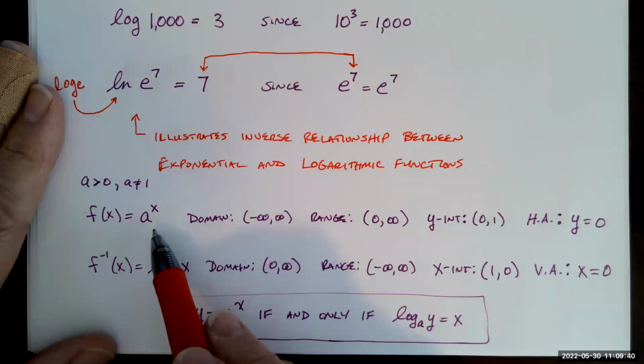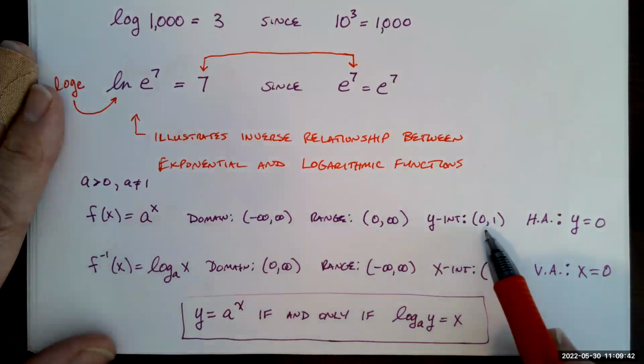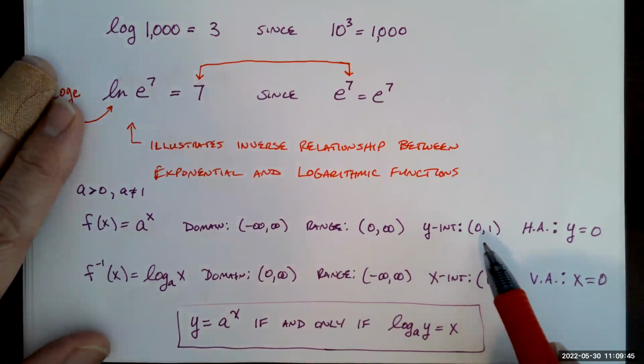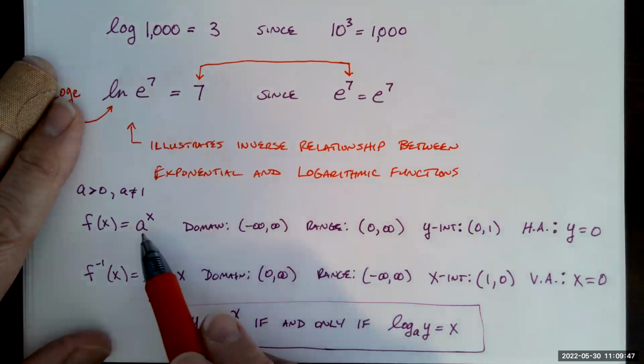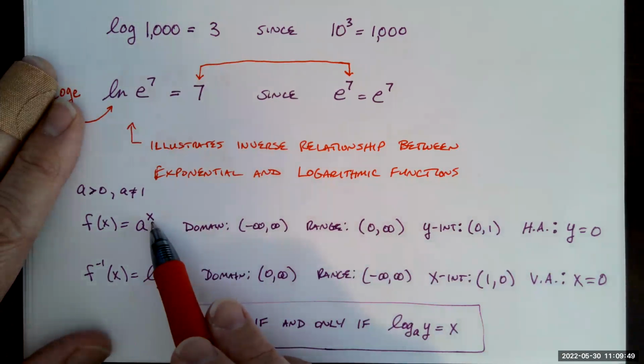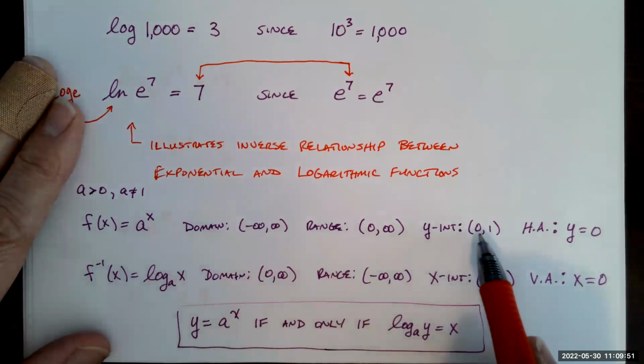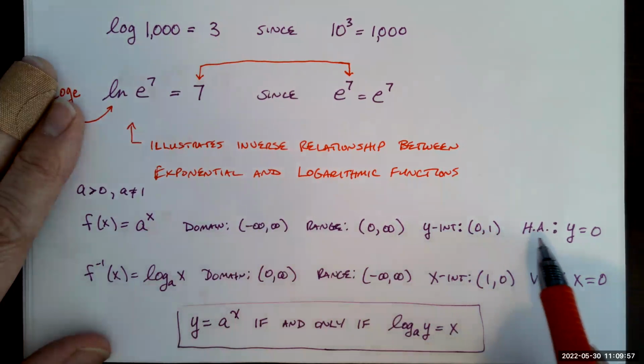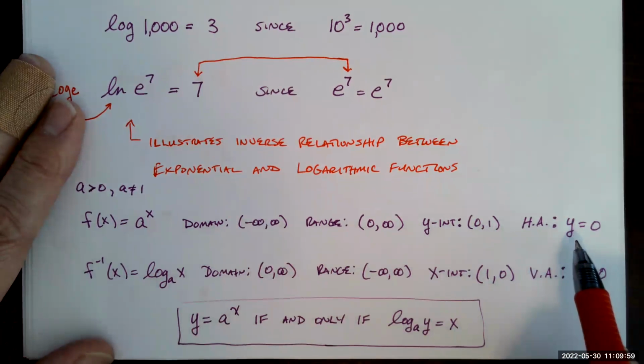And of course, it will never be a negative number. The y-intercept is (0, 1), because if I take any base and raise it to the 0 power, I get 1, and that's why we always have this ordered pair (0, 1) for this function. We have a horizontal asymptote of y equals 0.